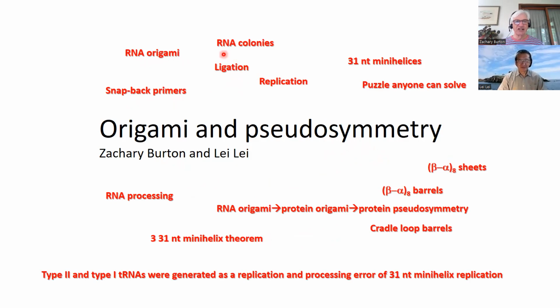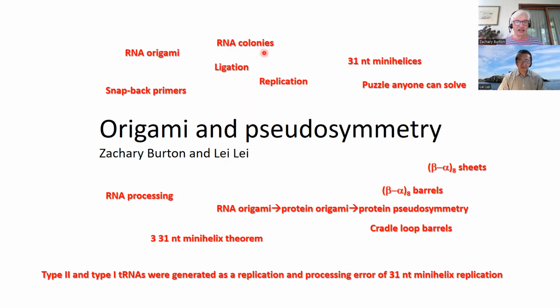This is because RNA exists in colonies. Similar RNAs and sometimes identical RNAs, and sometimes unrelated RNAs can be ligated together in the ancient pre-life world. And one reason to ligate them is to replicate them.